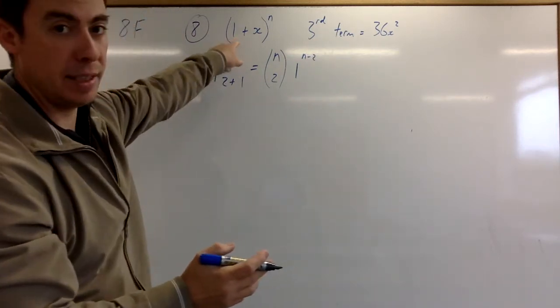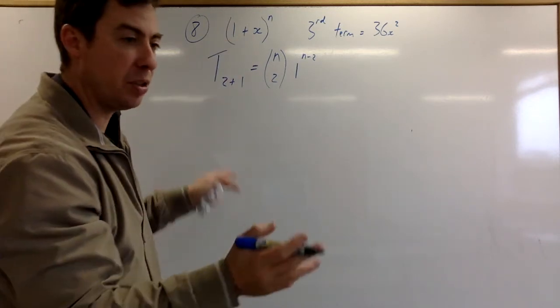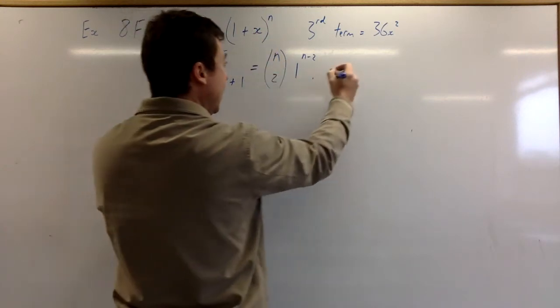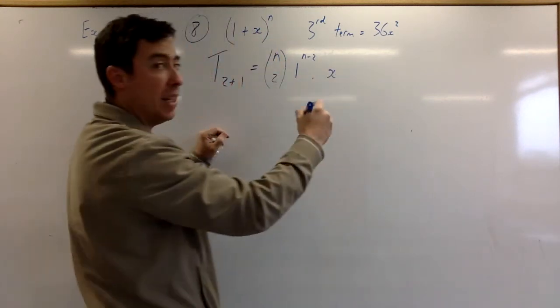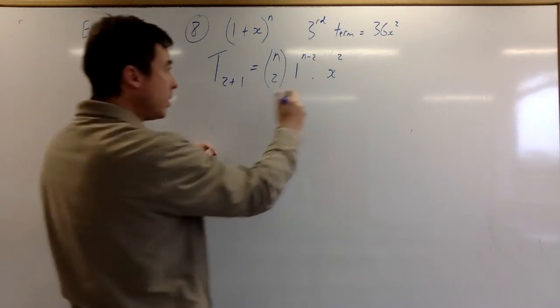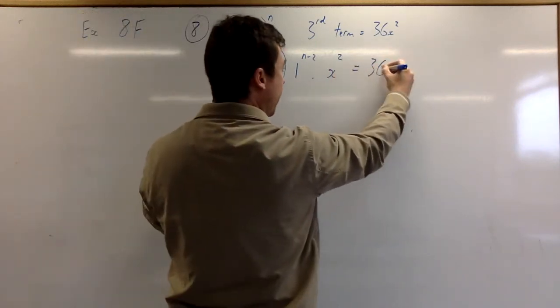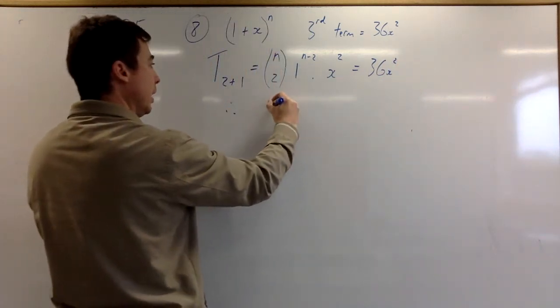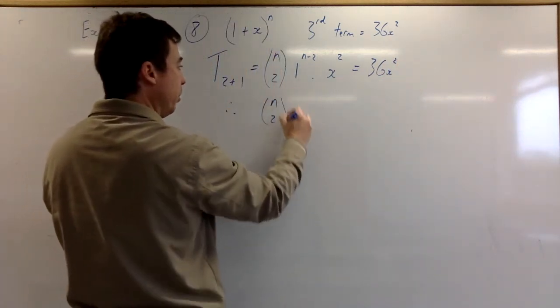That's an easy number to work with. 1 to any power is 1. Times x to the power of r, x squared. And I know that this has to equal 36x squared. Okay? So therefore, n choose 2 has to give me my 36.